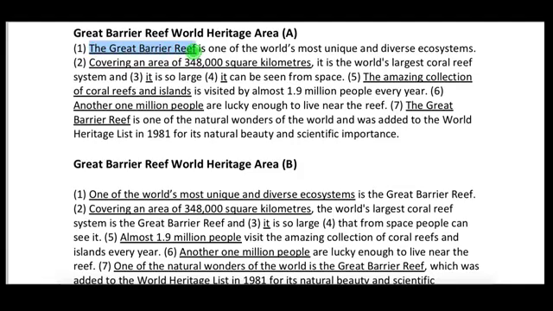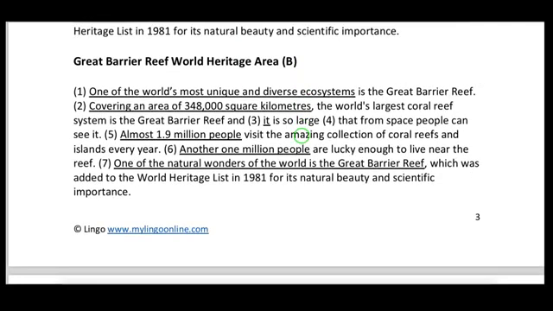Here's one, the Great Barrier Reef. It, that's the same thing, Great Barrier Reef. It, the amazing collection of coral reefs and islands, the Great Barrier Reef. Okay, so most of those themes in the sentences match the overall idea of the paragraph.